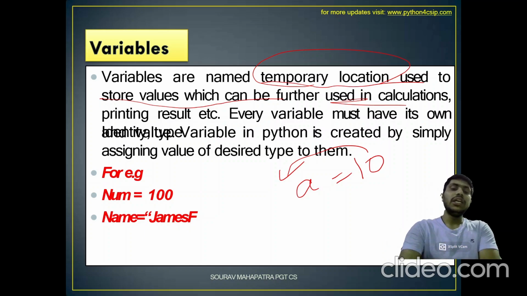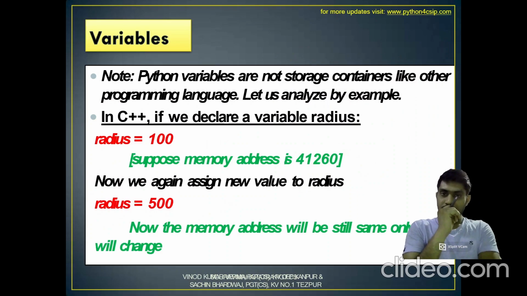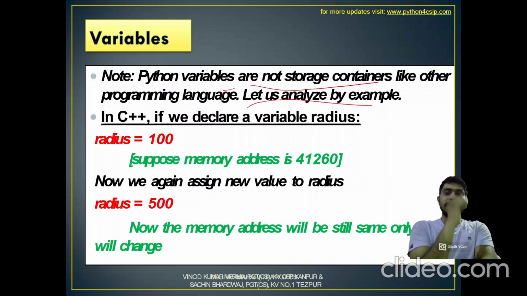Then you can see how you can assign, or declare, a variable in Python. Every variable must have its own value or type, and in Python it is created by simply assigning the desired value to it. Python variables are not storage containers, like in other programming languages. In other programming languages a variable is called a storage container, but in Python it is not.